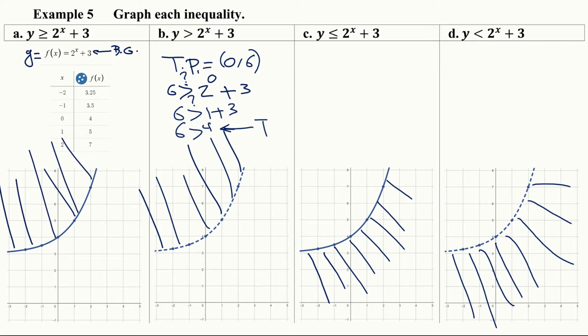I verified it. So now I know that's true. So that means point 0, 6 is on the side of this graph which is shaded. So we've shaded the correct area. So that's the test point approach. And the intuitive geometric approach is, of course, with the above or below and all that. Okay, so that's how you do that one.